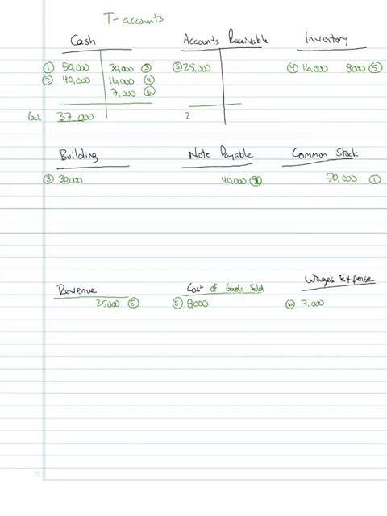Accounts receivable clearly has a debit balance of $25,000. Inventory has a total of $16,000 of debits, offset by $8,000 of credits, for an $8,000 debit balance. The building account, $30,000 debit balance.